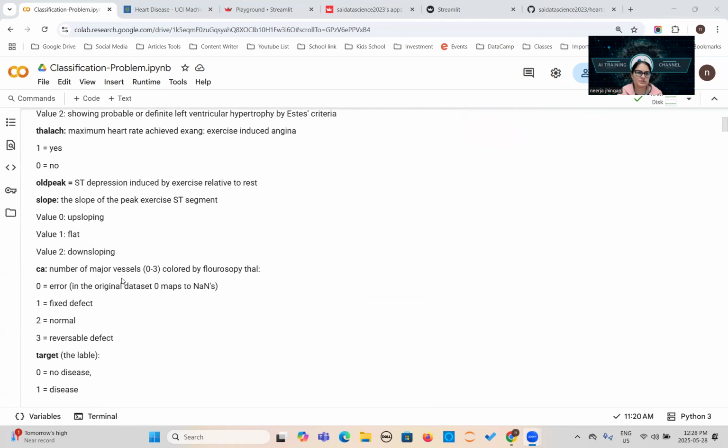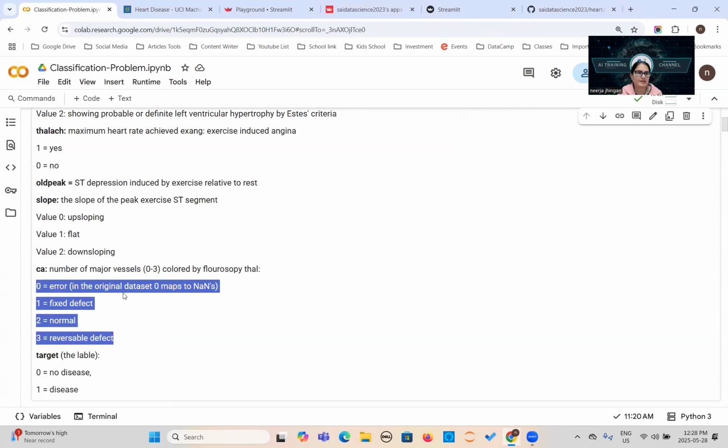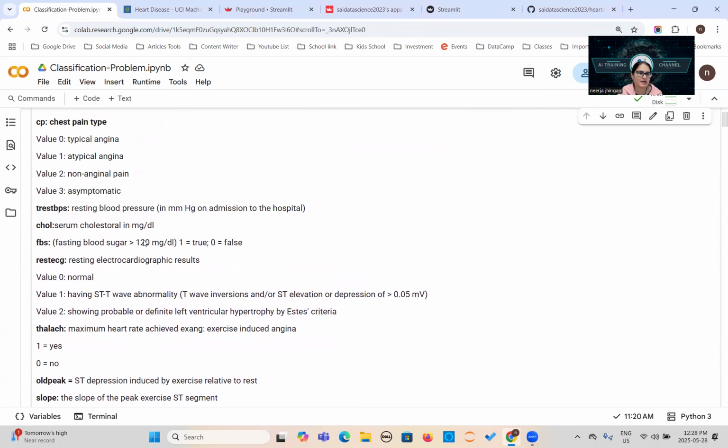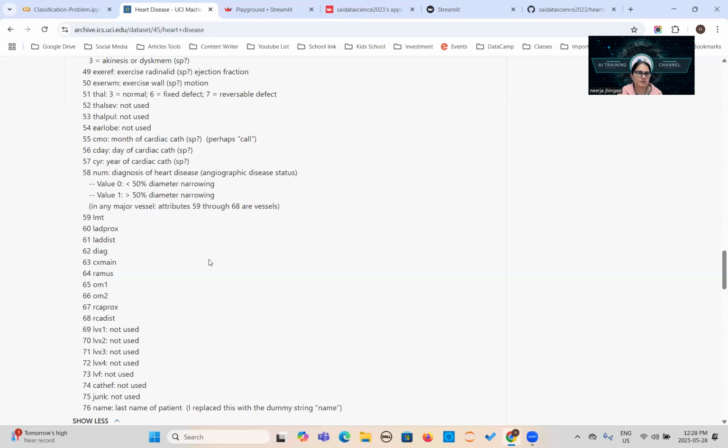This is the number of major vessels, right? So it contains a value from 0 to 3 in the original data set. Okay. And if we want to talk about thal, I think I did not mention thal here. So we can find it here. This is the one.